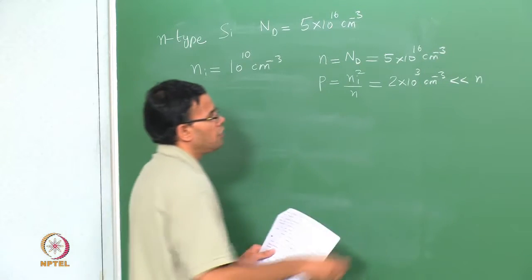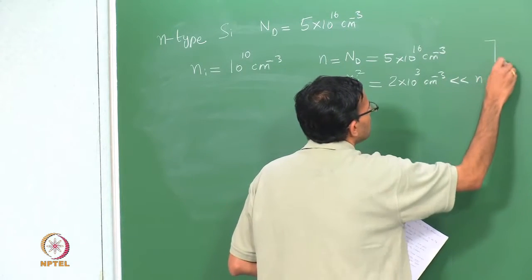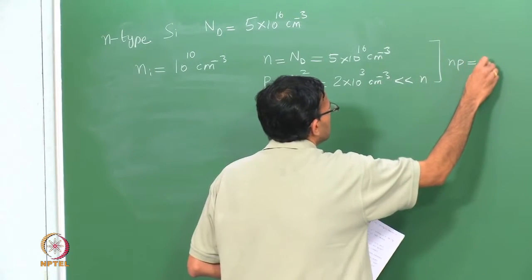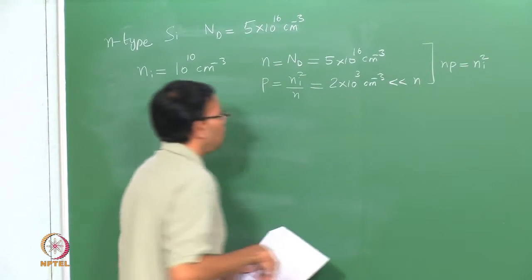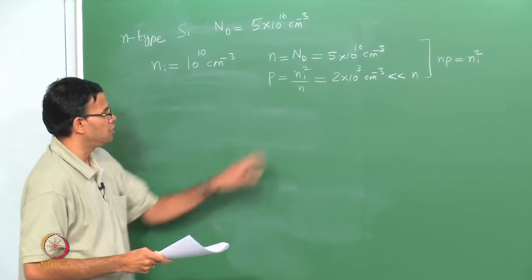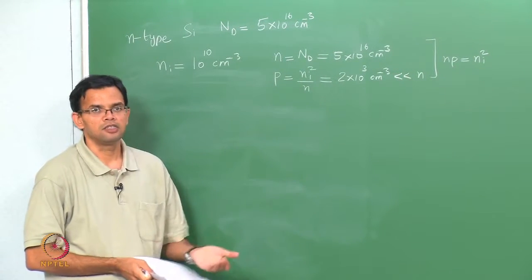So, in this case we also know that np is ni square. Your law of mass action is valid, which is how we calculated the concentration of p in the first place.